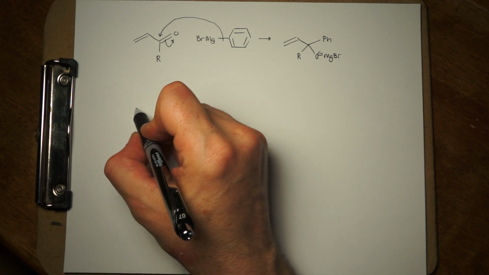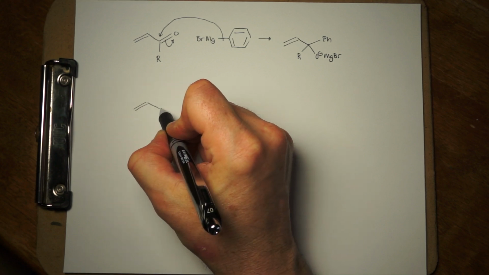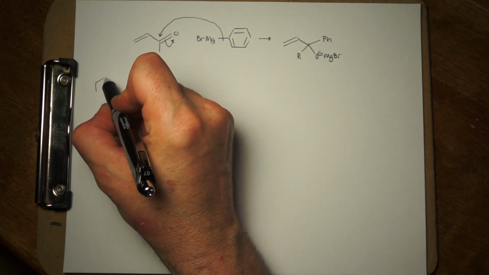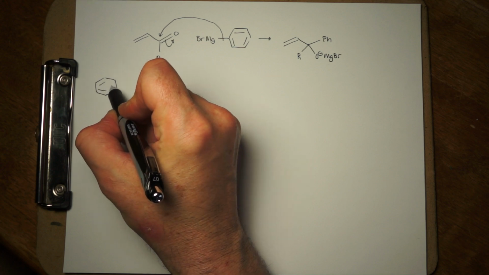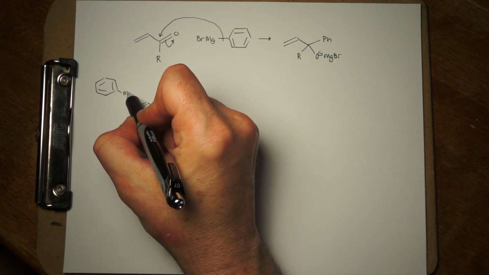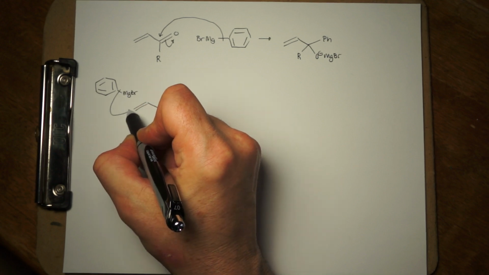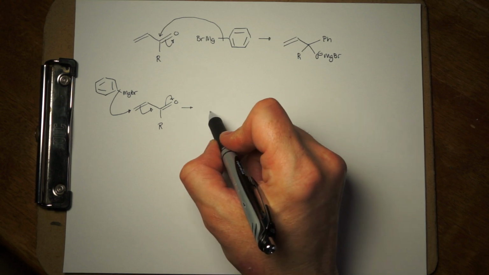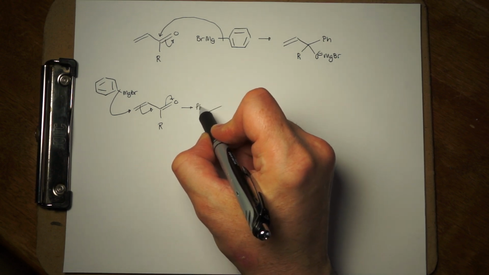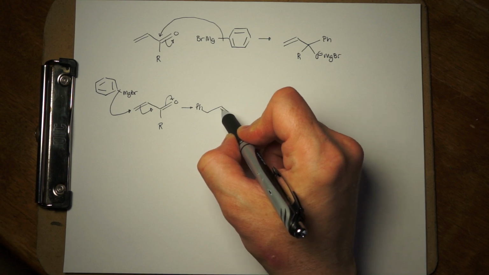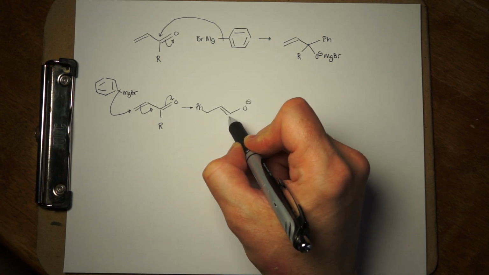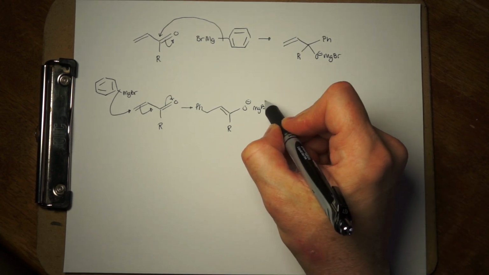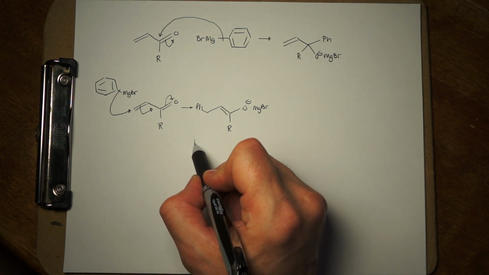However, if we add to the other carbon, you can see the electrons shift all the way up to oxygen. We're forming an enolate intermediate.